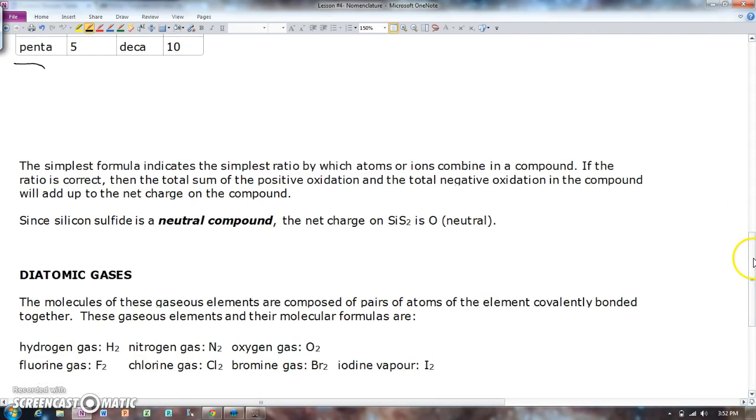Okay? So the simplest formula indicates the simplest ratio by which atoms or ions combine in a compound. If the ratio is correct, then the total sum of the positive oxidation and the total negative oxidation of the compound will add up to the net charge on the compound. Right? So since silicon disulfide is neutral, the net charge on silicon disulfide is 0.